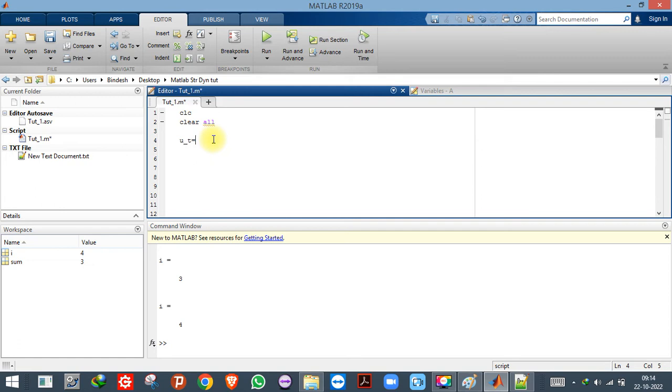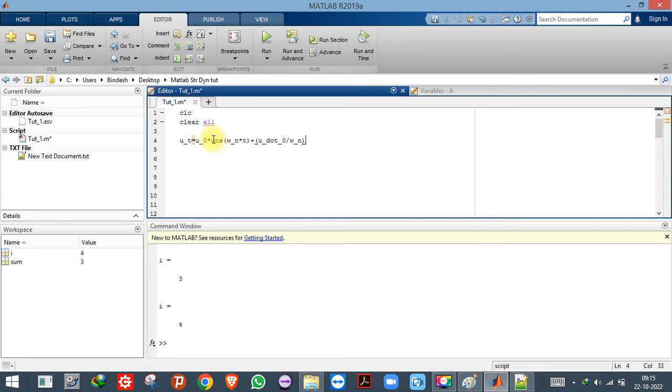U of t equal to u of 0 star cos, give a bracket, cos omega n star t, then plus, give a bracket, here u dot 0 upon omega n.